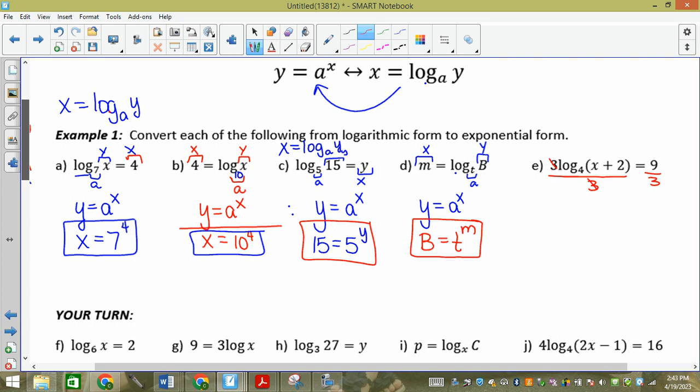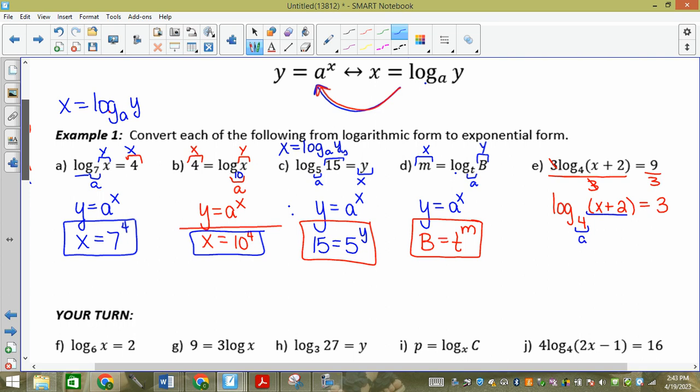So now I have log base 4 of x plus 2 equals 3. Now you can write this. Now we can line up stuff. We have 3 pieces of information: a y, an a, and an x is what I need. So I line it up with the log, and we're converting it to the exponential. So log, what's beside it is what? A. So the base of the log is a.